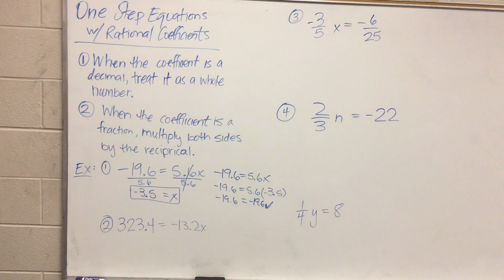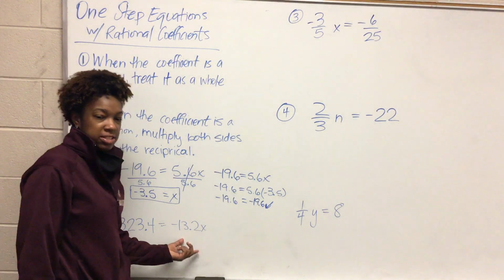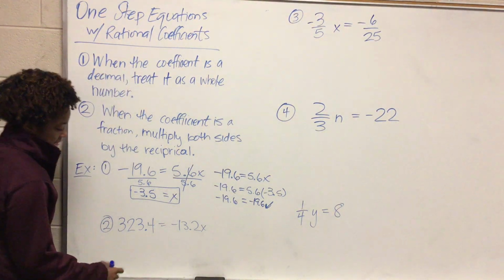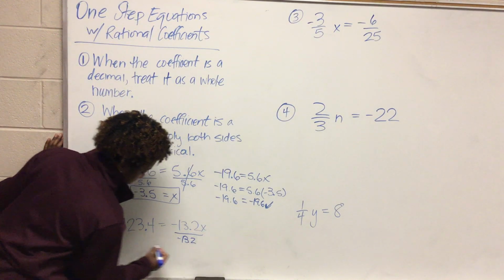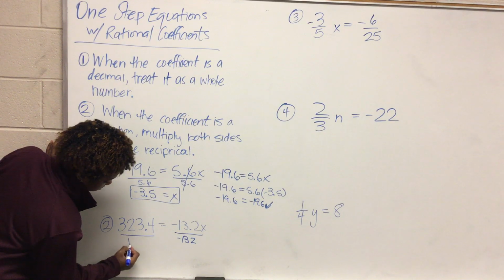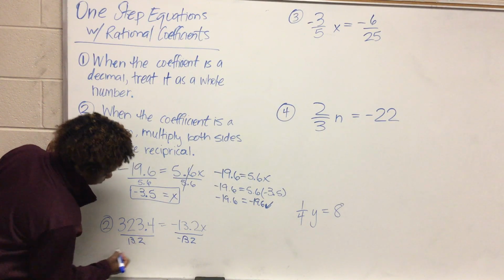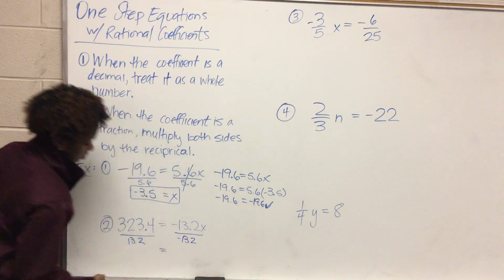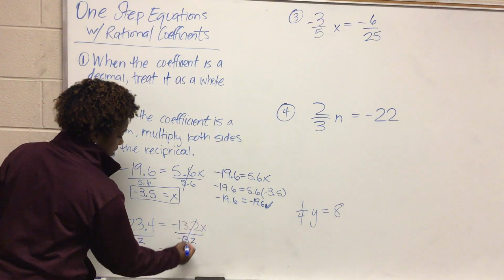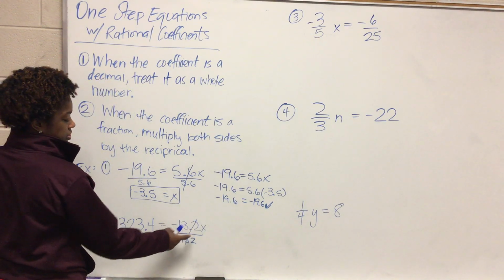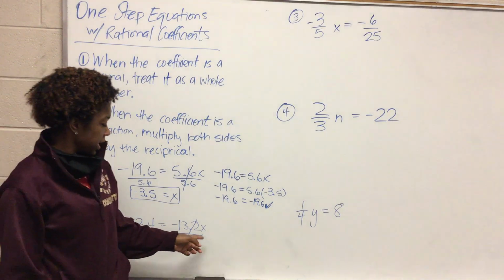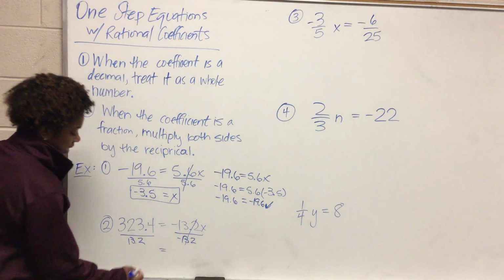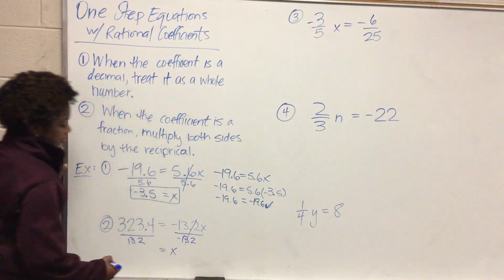Alright, so the first thing you should have done was notice that the coefficient is a decimal. So you can treat it just as a whole number and divide negative 13.2 on both sides. This cancels out because negative 13.2 divided by negative 13.2 equals 1, which is 1x, which is still the same thing as x. So that's why it cancels out.